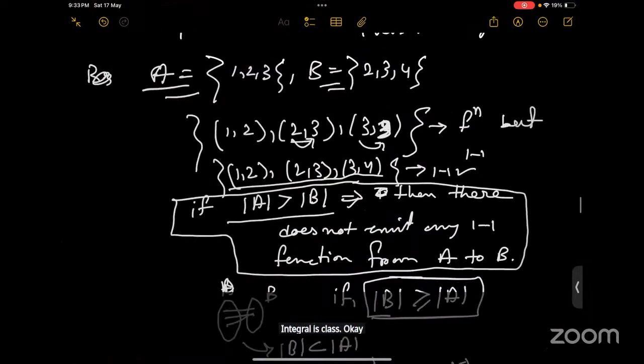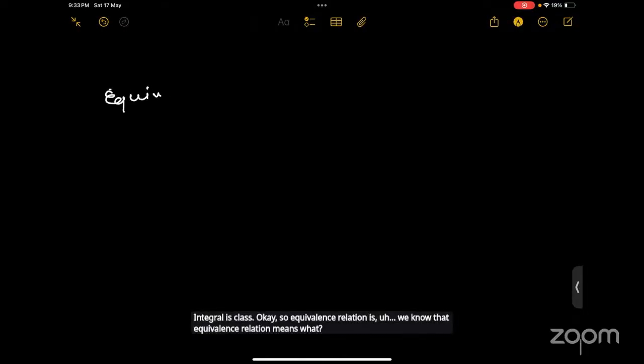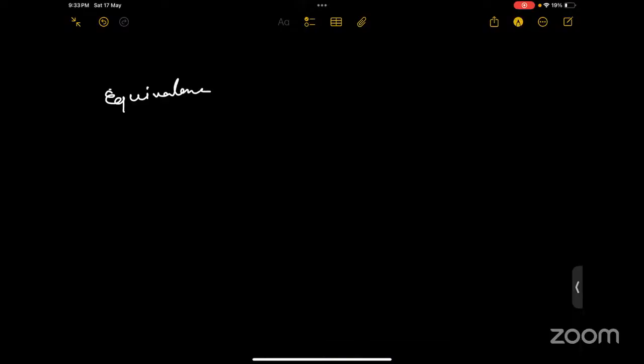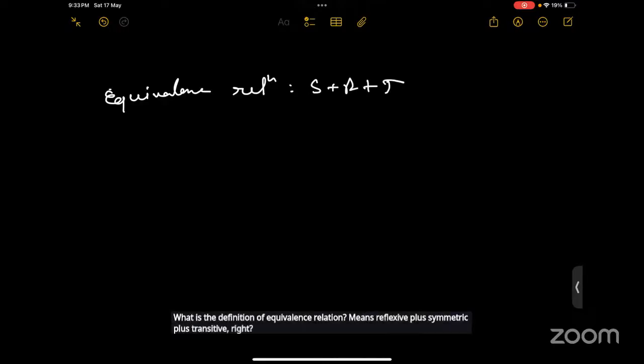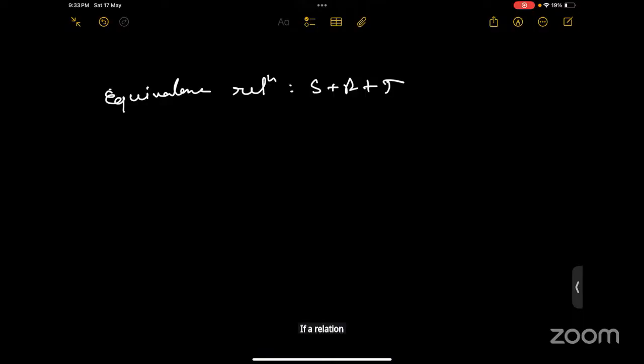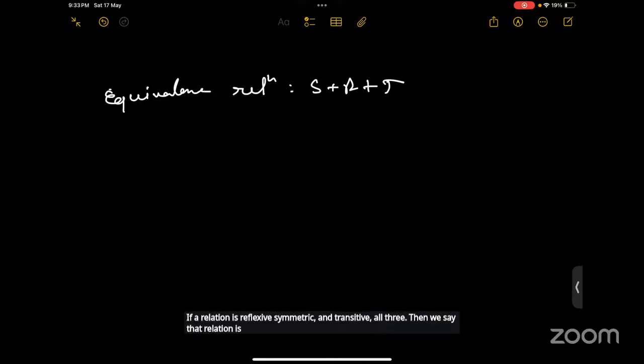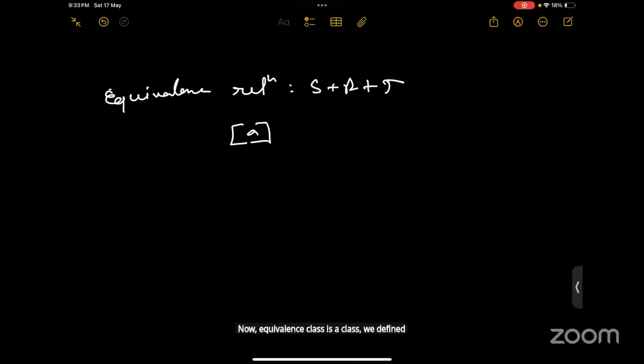Okay, so equivalence relation, we know that equivalence relation means what? What is the definition of equivalence relation? It means reflexive plus symmetric plus transitive, right? If a relation is reflexive, symmetric and transitive, all three, then we say that relation is an equivalence relation. Now, equivalence class is a class we defined in that way.